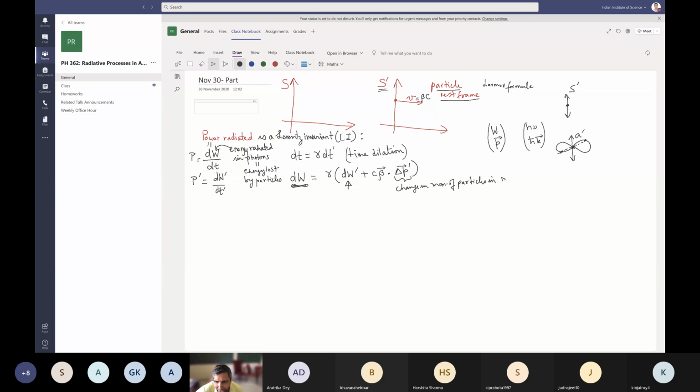in their rest frame. But you see, in the rest frame of the particle, a photon is equally likely to come out in this direction and in this opposite direction, right? So the particle's momentum does not change.